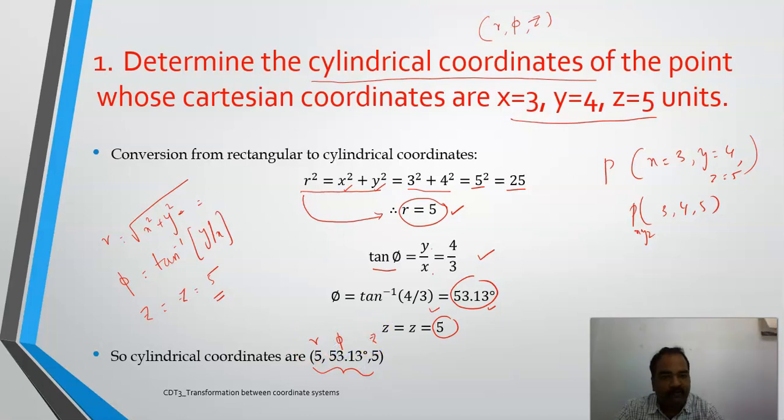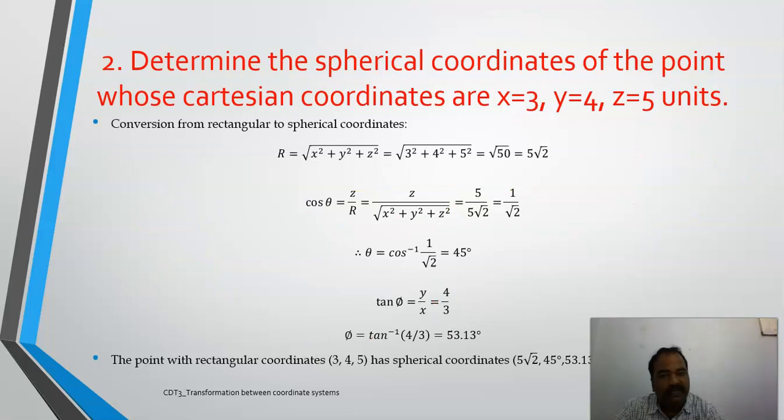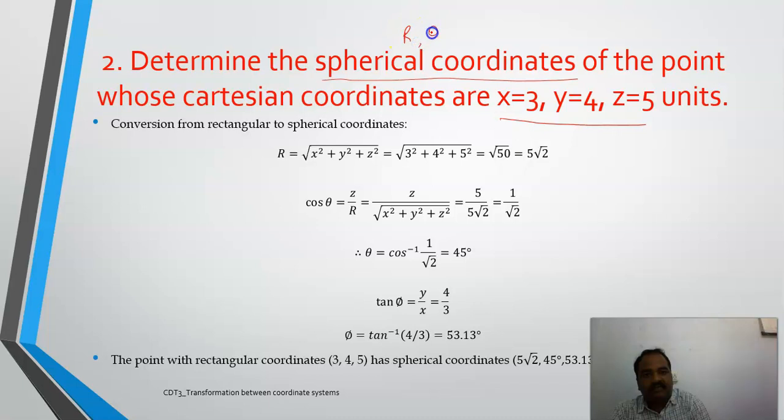Now similarly, if we want to find the spherical coordinates for the same point, he is asking us to determine the spherical coordinate system. In the spherical coordinate system, we represent r as capital R, theta, and the other one is phi.